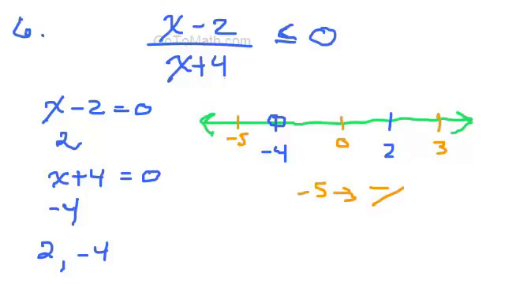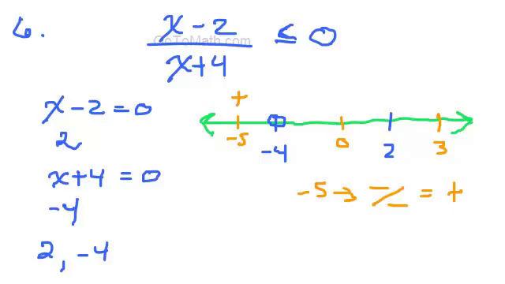Then plugging negative 5 into the denominator, that's a negative, and a negative over a negative is a positive. We'll write that right there.